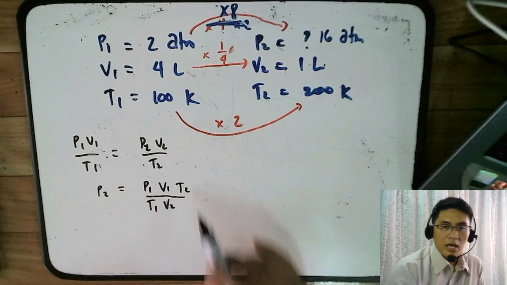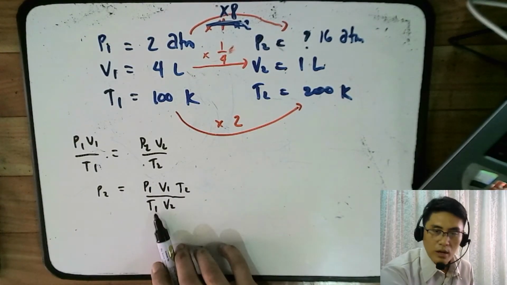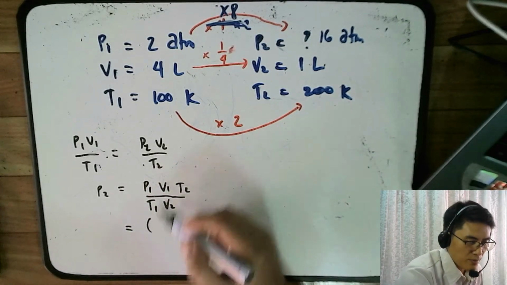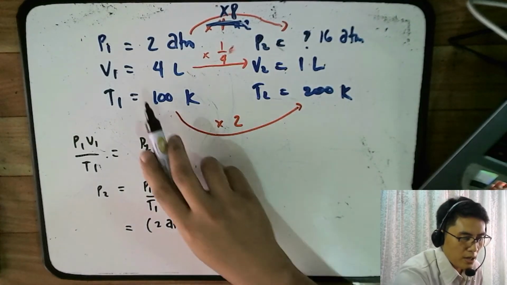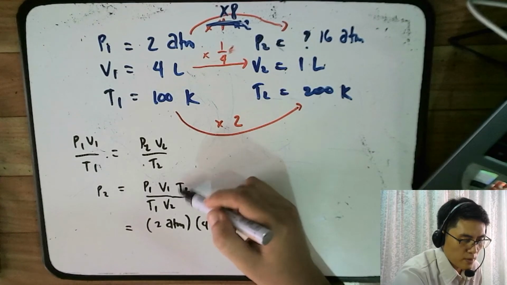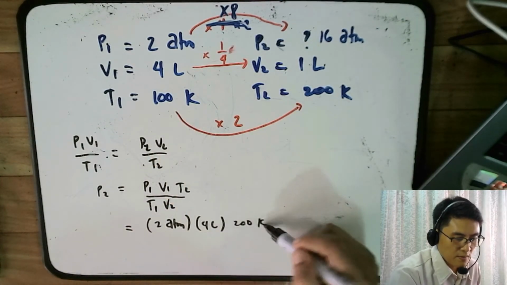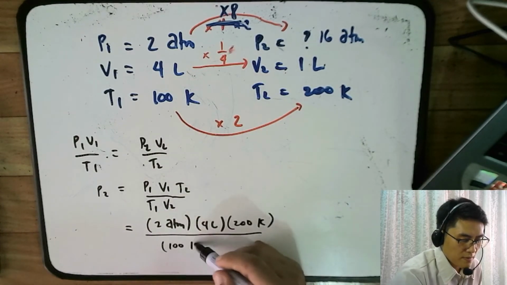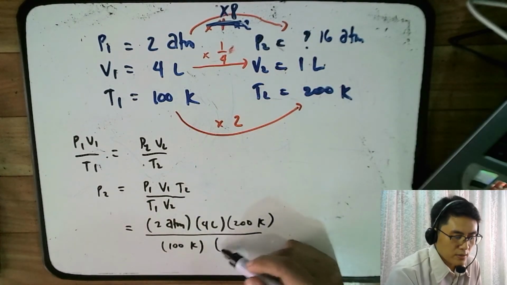So all in all, it's P1 times V1 times T2 divided by T1 times V2. Let's solve now. P1 is 2 atm, remember? V1 is 4 liters. T2, remember, is 200 Kelvin, over T1, which is 100 Kelvin, and V2 here is 1 liter.